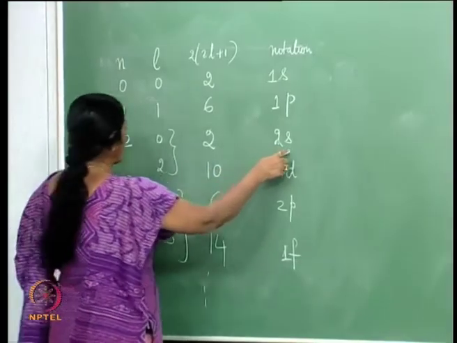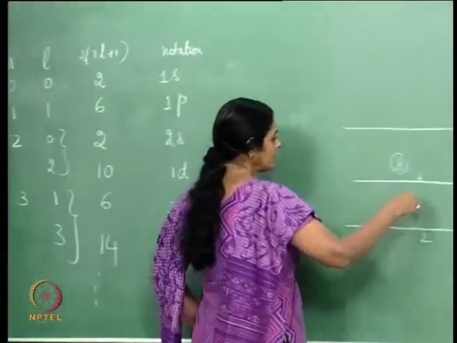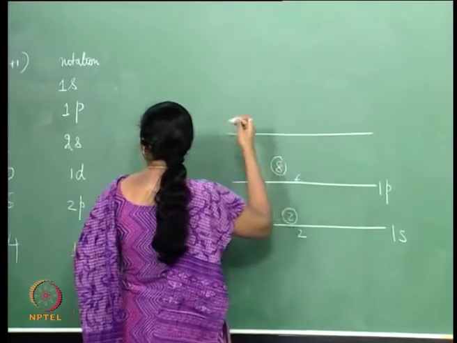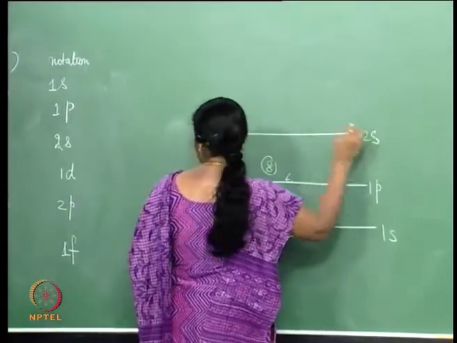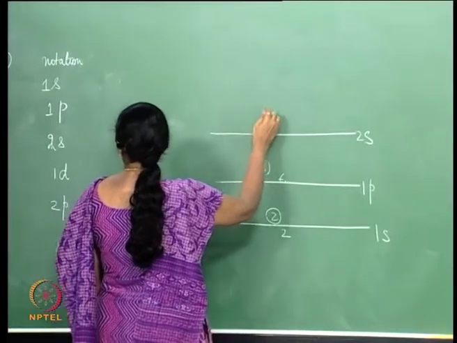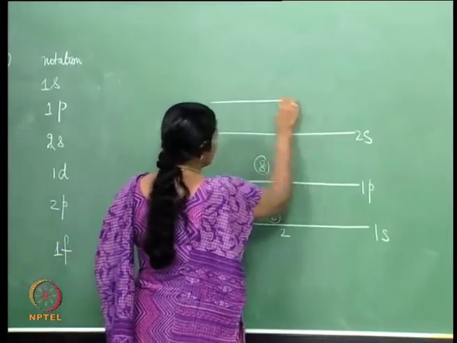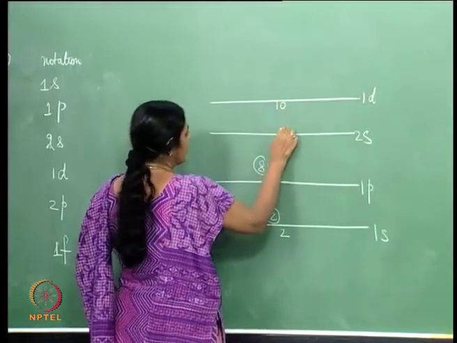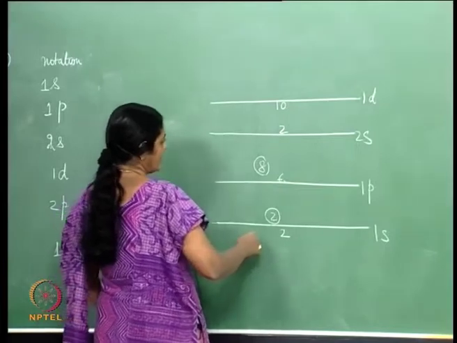Now let's go to the 2s state. Now if you did that, there are 2 ways of doing this. One is the 2s state out here, and then the 1d state also. The 1d state takes 10 particles, the 2s state takes 2 particles.